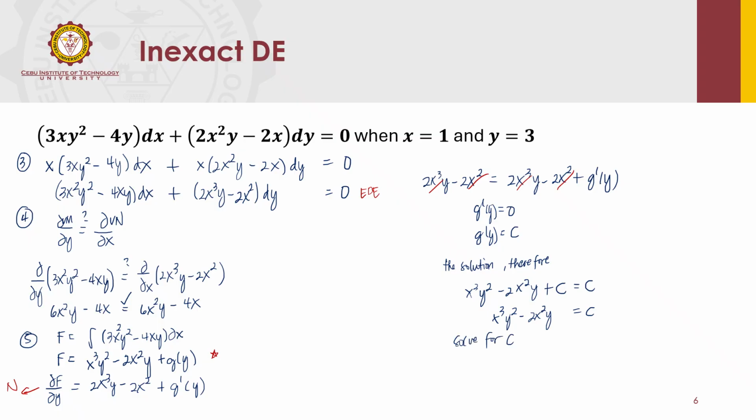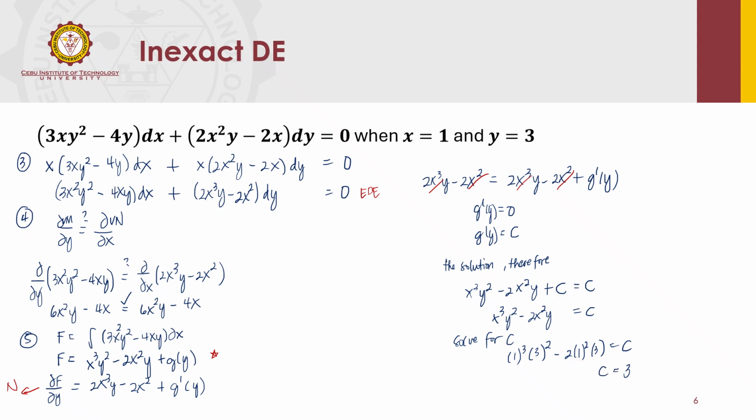So it's 1 for x, cubed, and then 3 for y, 3 squared, minus 2 times 1 squared times 3 is c. So that's 9 minus 6, so it's 3. So the c value is 3.